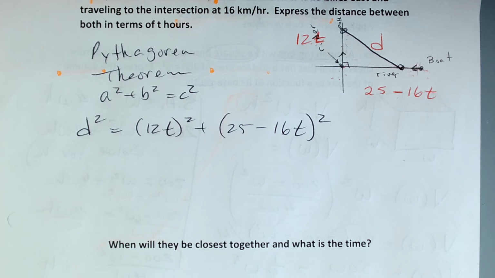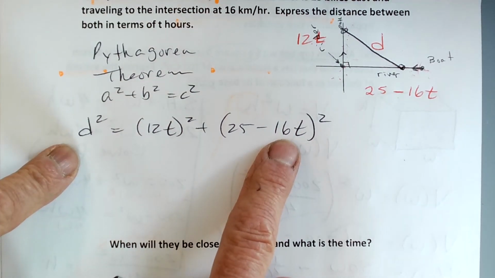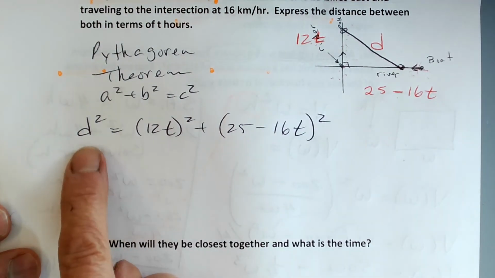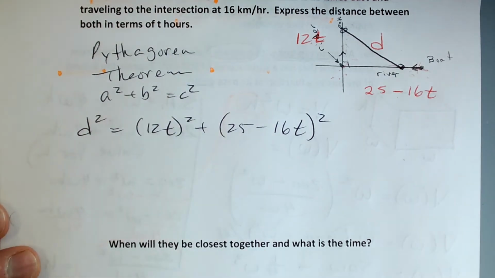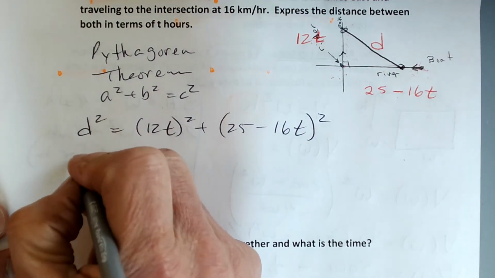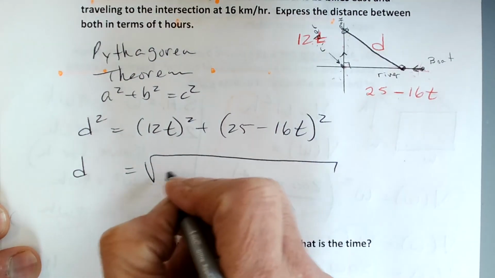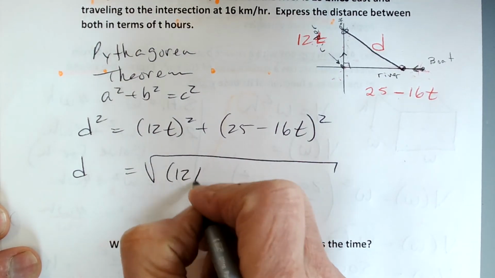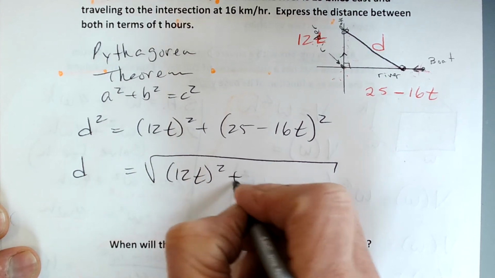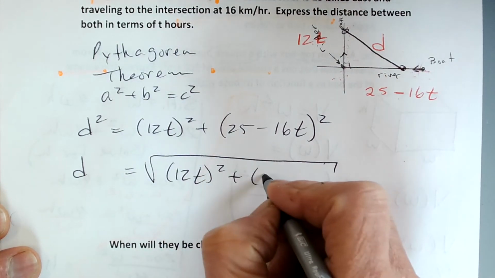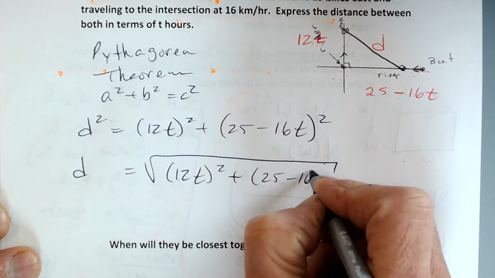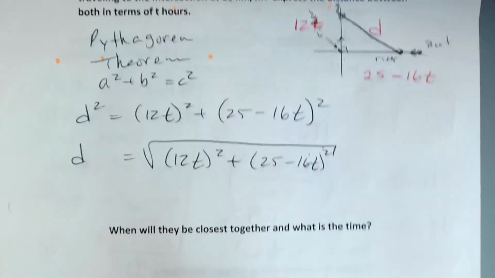Okay, this is great. I only have two variables. I don't have to do any substitution, but I can't graph this yet because I need to square root it. So d is equal to the square root of (12t) squared plus (25 minus 16t) squared, okay?